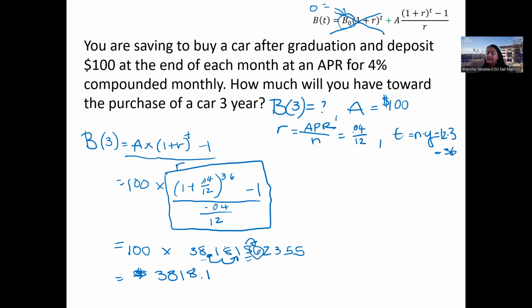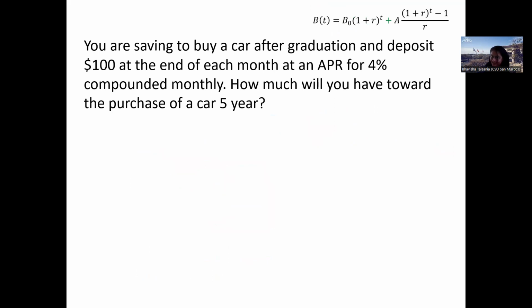That 6 tells me I need to increase the 5 by 1. And so I get 16. So $3,881.16.